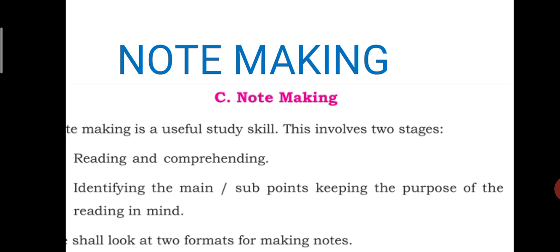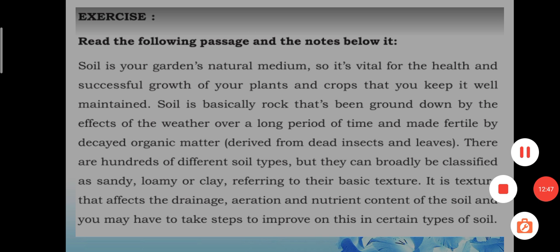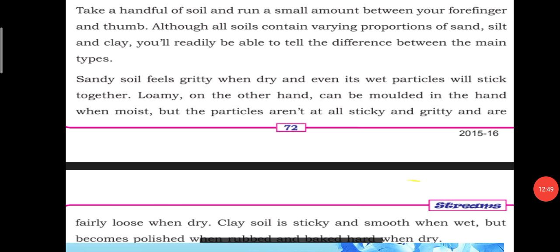Purpose is to answer the particular question. Read the particular question that you are going to answer in that paragraph. Keeping in mind that question, read the paragraph. Even the comprehension passage is done in a similar way. So I hope you have understood how to do note making.